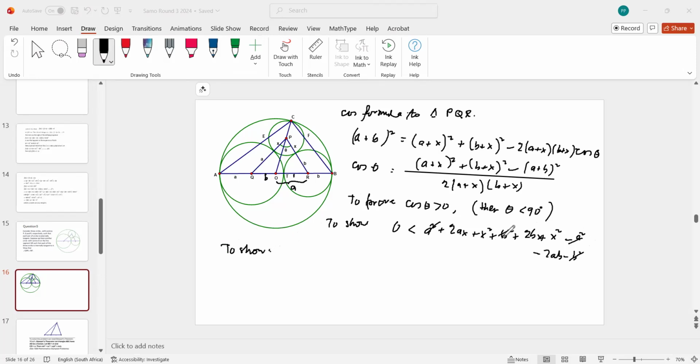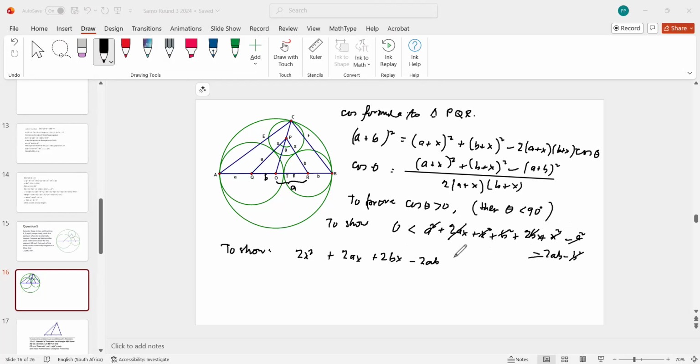to show that, what are you left with? You got 2x squared plus 2ax plus 2bx minus 2ab.